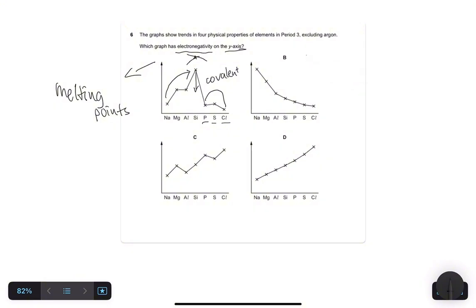And for B, it shows the atomic radius trend in period 3. Because atomic radius across the period decreases due to the reason that the number of protons increases, but the electrons added in each successive element remain in one shielding, so the shielding effect remains constant.